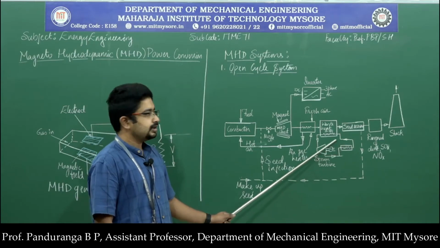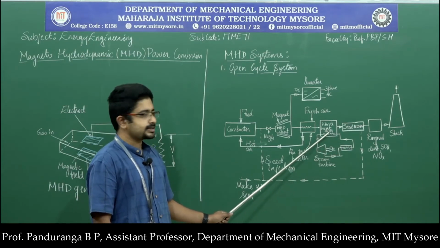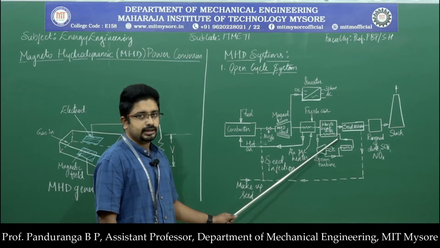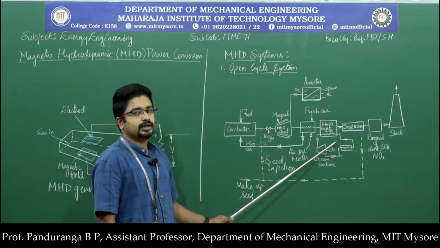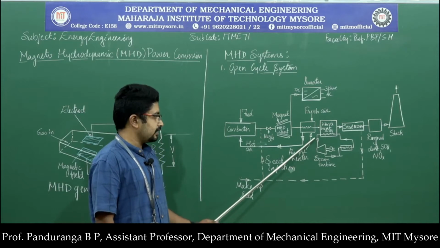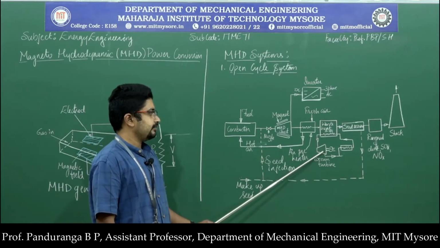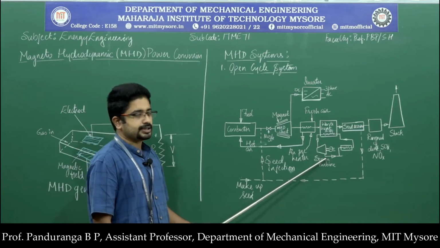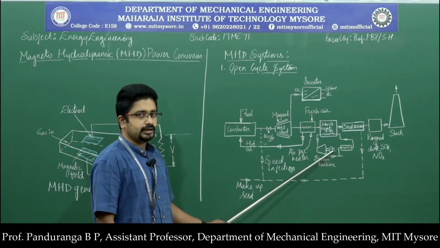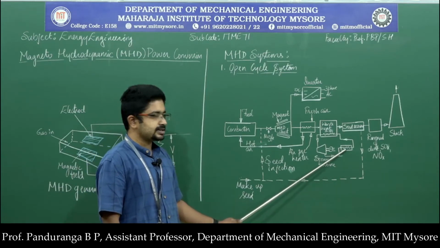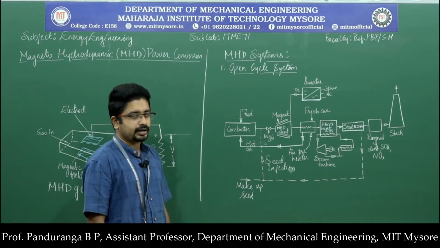From the condenser the water enters the waste heat recovery steam generator. Here it gets vaporized, and the hot vapors or steam enters the turbine, where it produces mechanical energy that is coupled to a generator which produces 3-phase AC, and from here the steam enters the condenser.